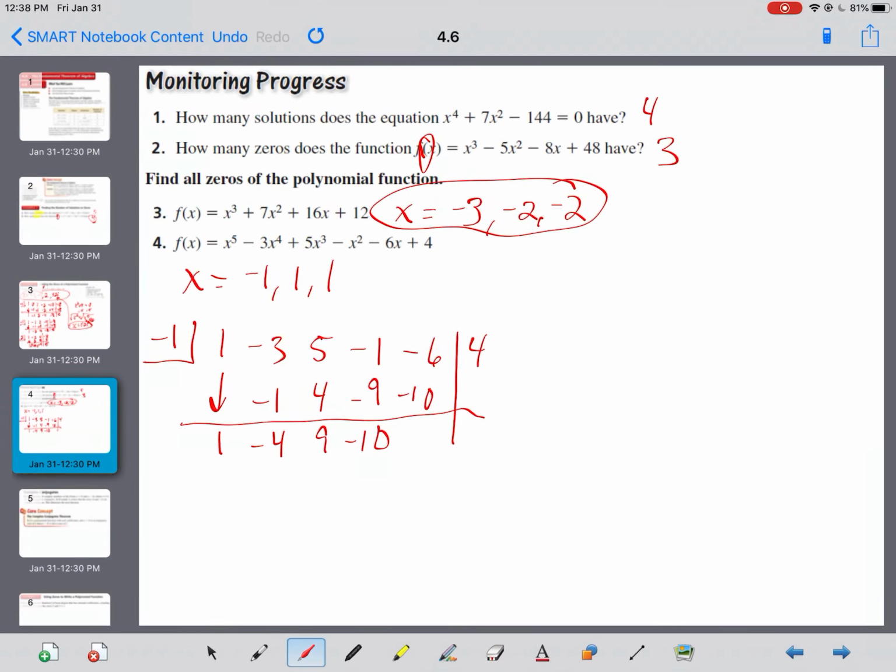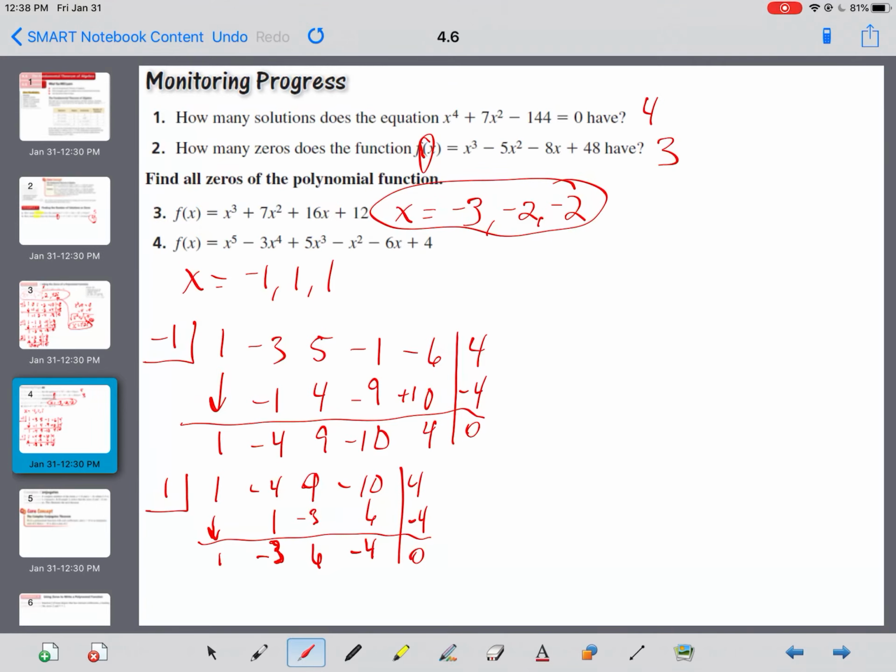Positive 10 makes 4. Negative 4 makes 0. Perfect. Let's do 1. 1, negative 4, positive 9, negative 10, and a 4. Drop the 1. Negative 3, and that makes 6. 6 makes negative 4. Negative 4 makes 0.